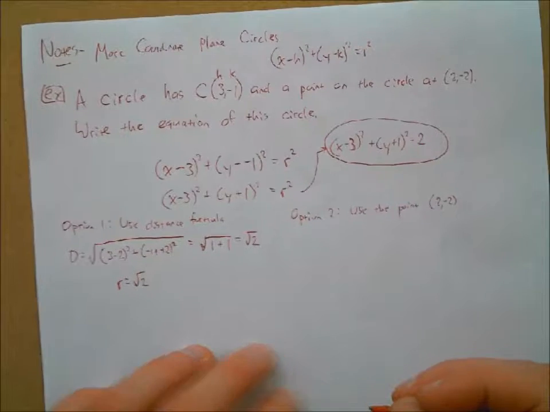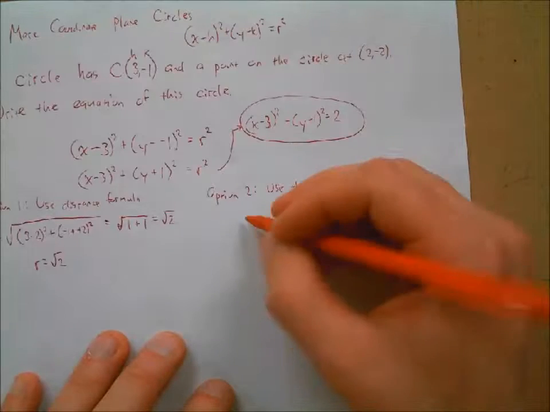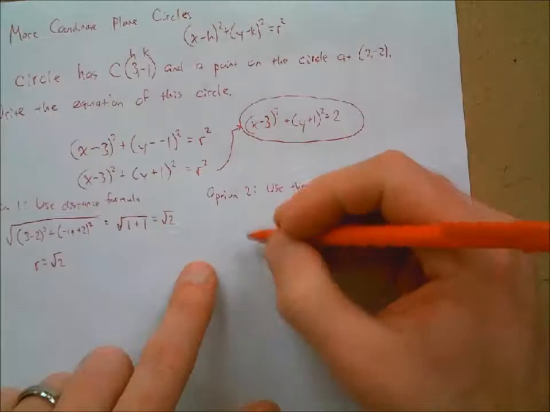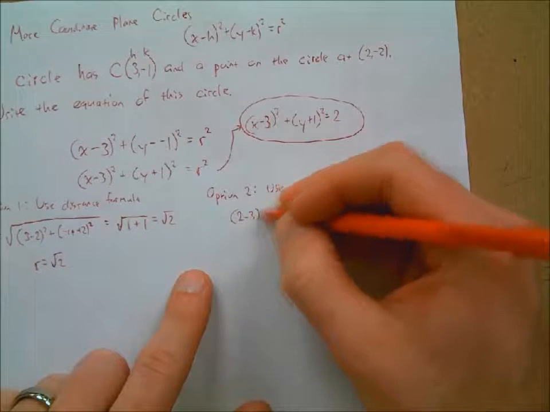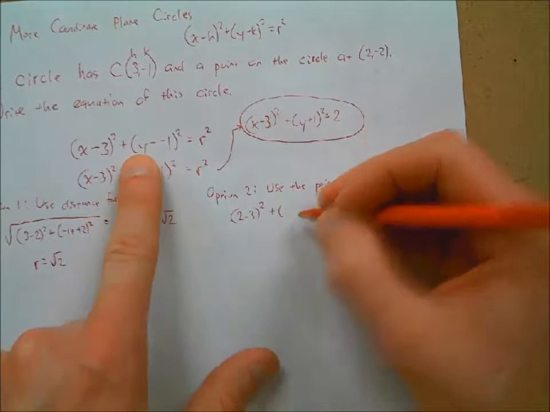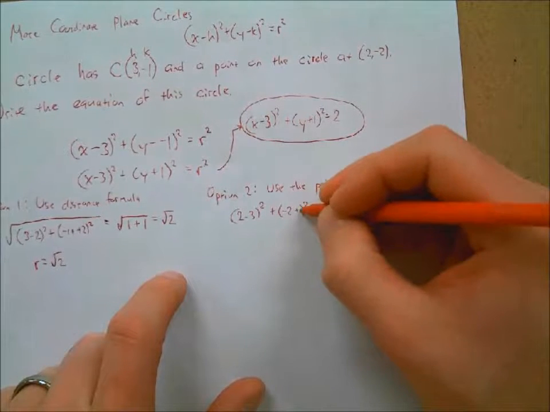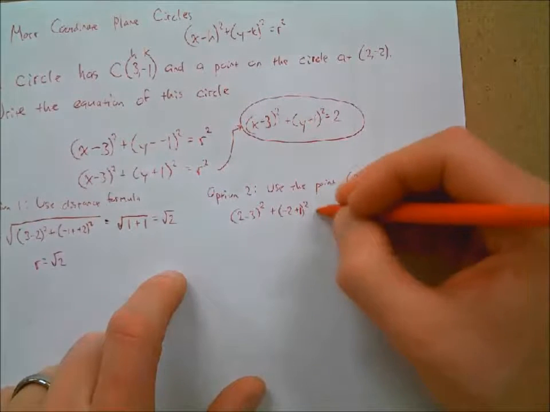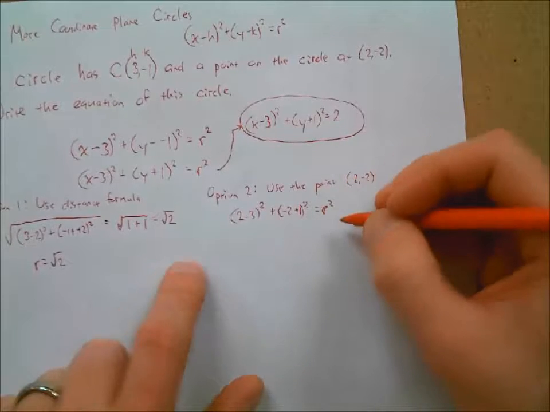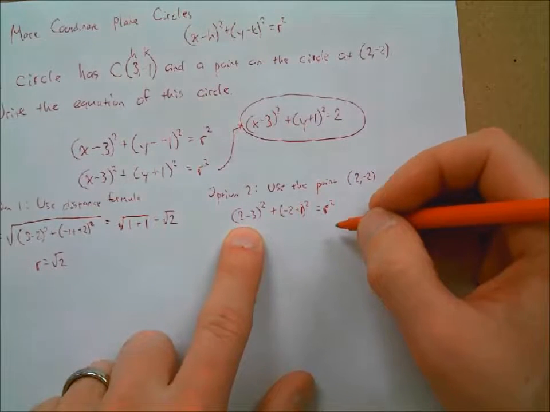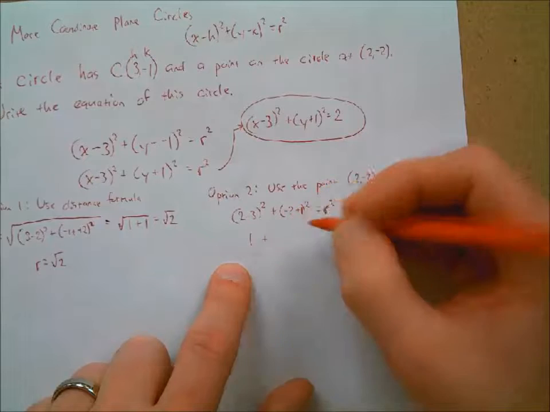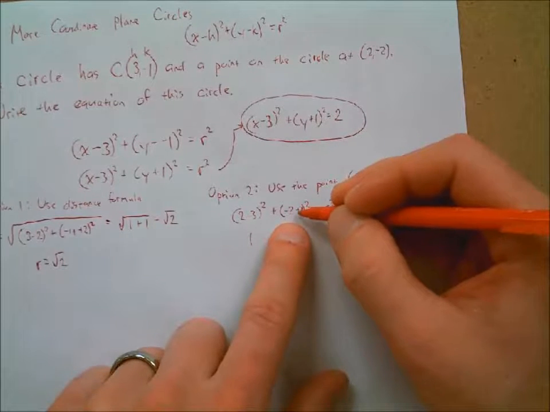Just put it in the circle equation. So 2 is our x coordinate, so it'll be (2 - 3)^2 plus y, which is -2, plus 1, squared, equals radius squared. 2 minus 3 is -1, squared, positive 1. -2 plus 1 is -1, squared, positive 1.